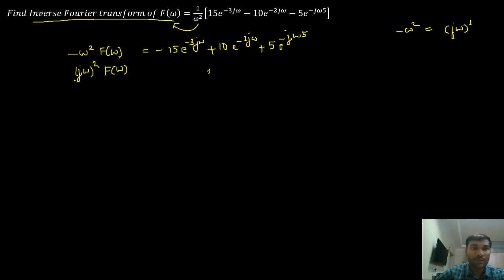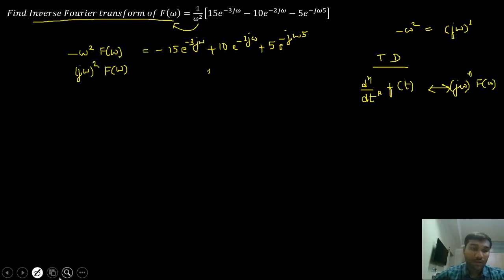Now, what do I have from time differentiation? From the time differentiation property, I have d by dt of f of t has the Fourier transform j omega into F of omega. Now, if I have d power n by dt power n of f of t, then I'll have (j omega) whole power n.